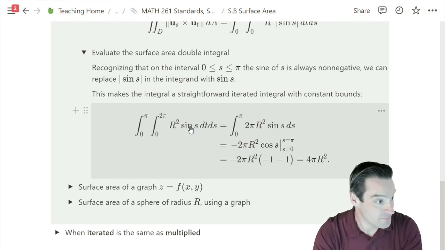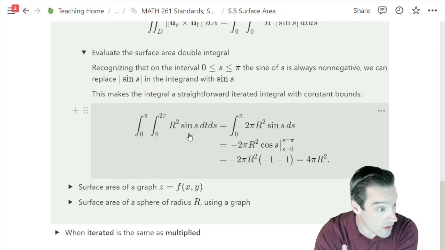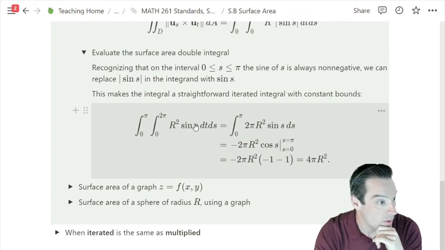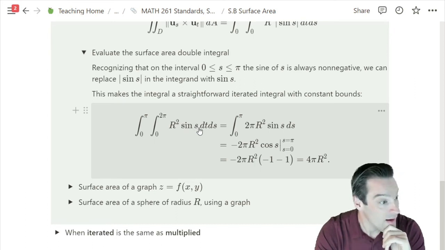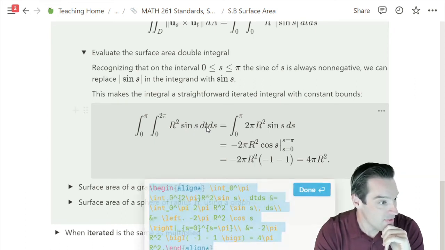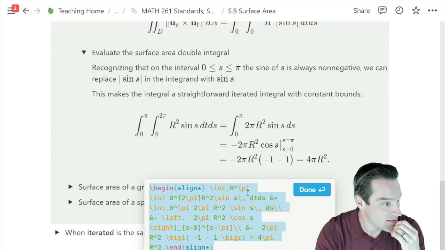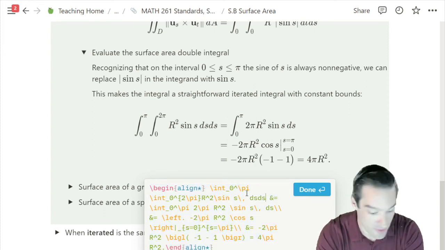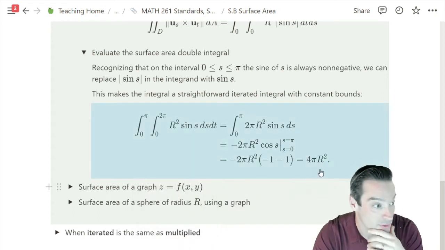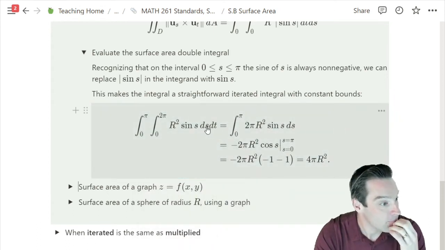And that integral, the integrand here doesn't depend on t at all. And so because of that, that means that if we did this integral in the opposite order, let's think of it like ds dt instead of dt ds. So I want to make another point right here about multiple integrals before we move on.